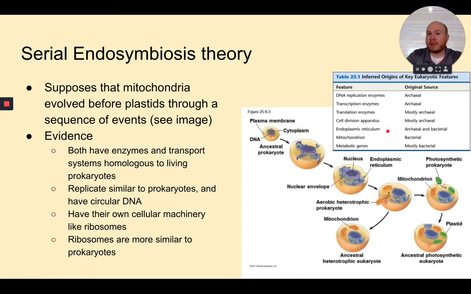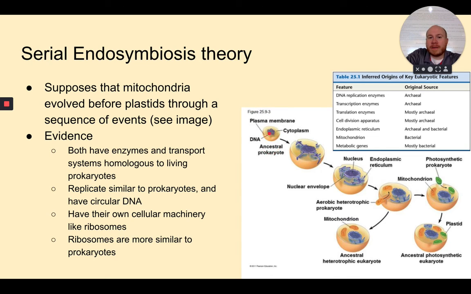The endoplasmic reticulum appears to be archaeal or bacterial in nature. The mitochondria appear to be bacterial, so it was some sort of bacteria. And the metabolic genes, which code for a lot of the proteins that go into metabolism, seem to be mostly bacterial.